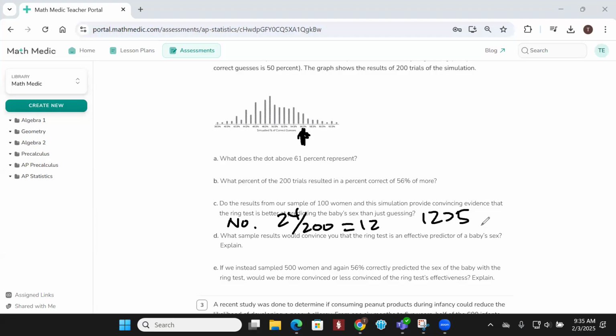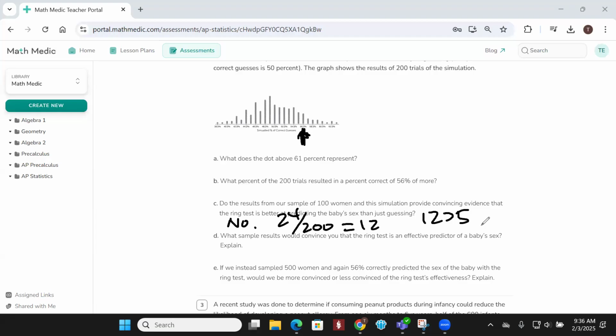Because if our 50-50 is 50, and we have that 5%, plus 5 minus 5, margin of error, then anything above 55 would be considered significant. Oh, well, if the majority is above 55, that would be significant.